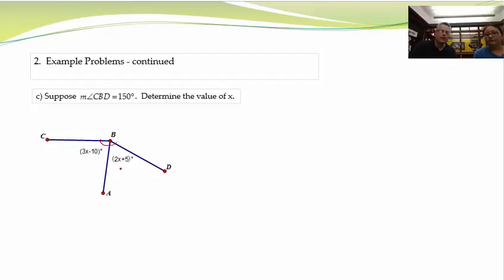We have to add these together and set it equal to 150. The measure of this angle plus the measure of this angle equals 150. So 3x minus 10, I don't really need the parentheses here, that's just showing me that all of that is degrees, plus 2x plus 5, that's the second angle, is supposed to equal 150.